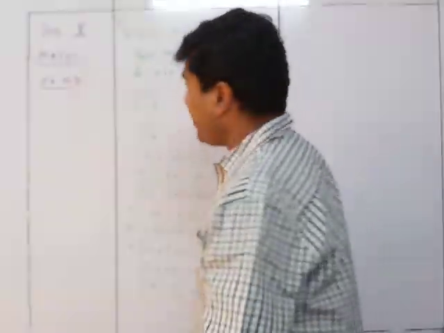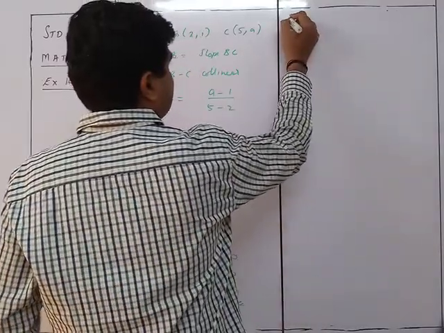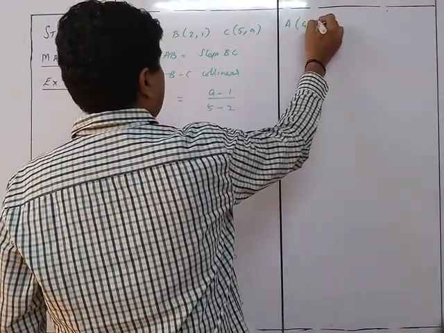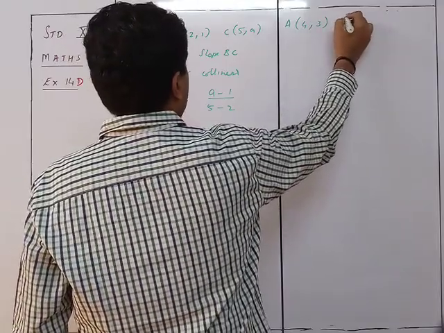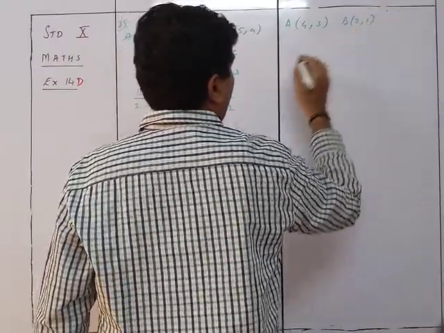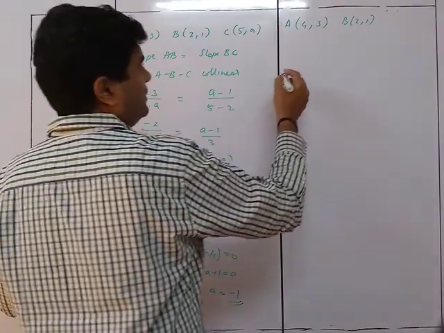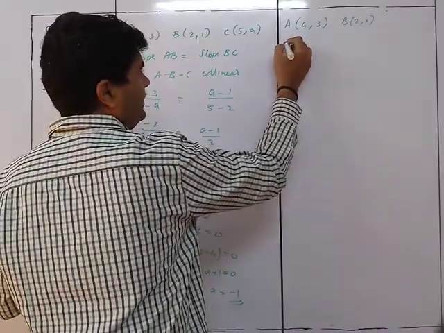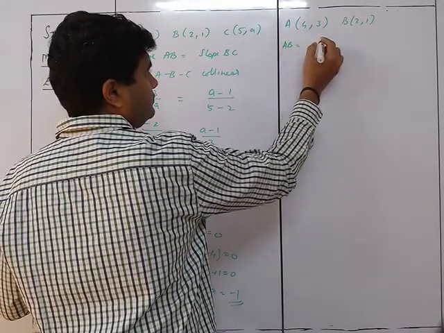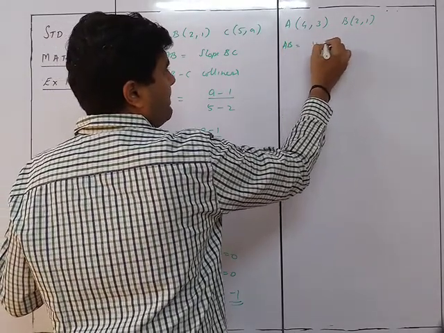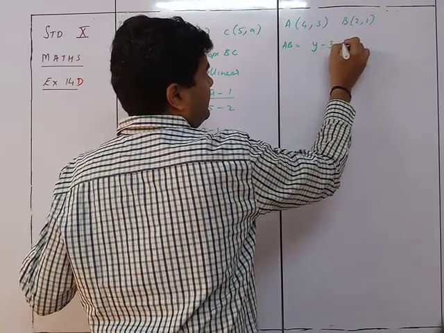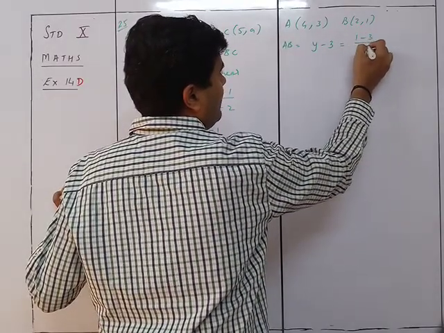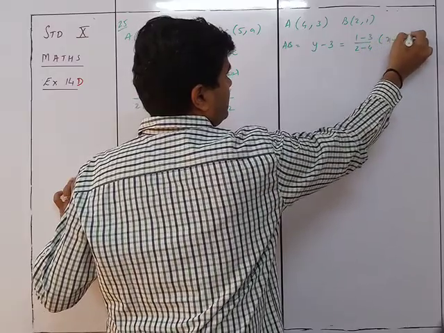Now we take any 2 points. Say over here, A is 4 comma 3 and B is 2 comma 1. We'll take the other value, minus 1, also, but that will be the next equation. So first one, AB, will be y minus 3 is equal to (1 minus 3) upon (2 minus 4) into x minus 4.